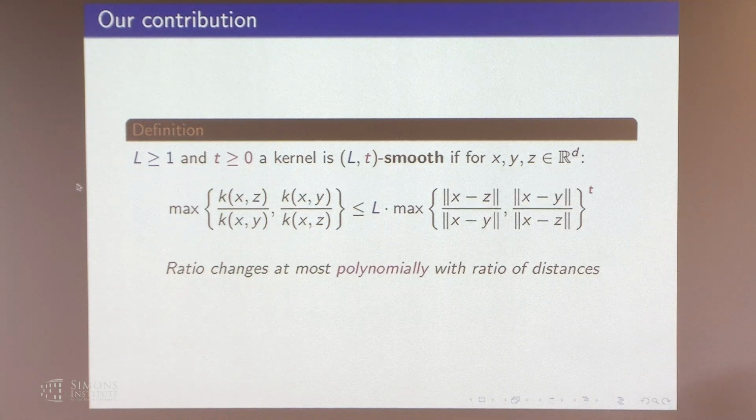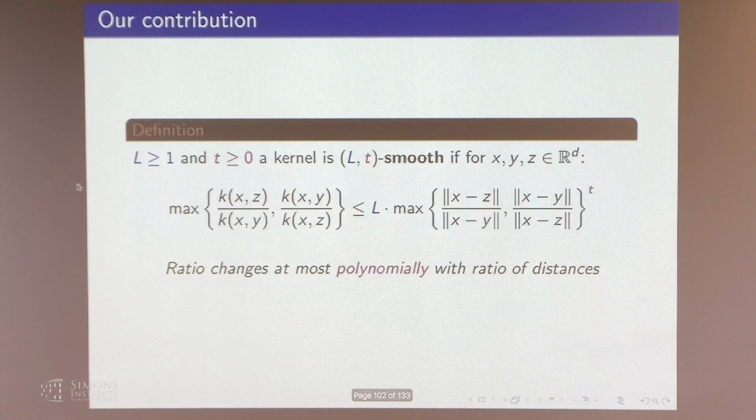If this is bounded by the ratio of distances raised to the power of t, then we say this kernel is L_t smooth. If you think of the kernel value as depending polynomially on distances raised to the power of t, then we think of this function as smooth for a small value of t. And the point is, if your function is of this kind, then you can get a good result.